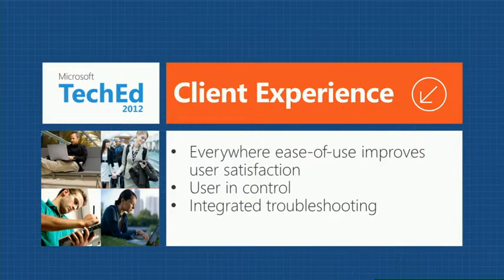Now, with our DirectAccess offering, that exact same user experience is possible even when the user is remote and not physically connected to the network. So it's a completely natural extension of how you would work when you're physically in the office, the same way you would work when you're remote.